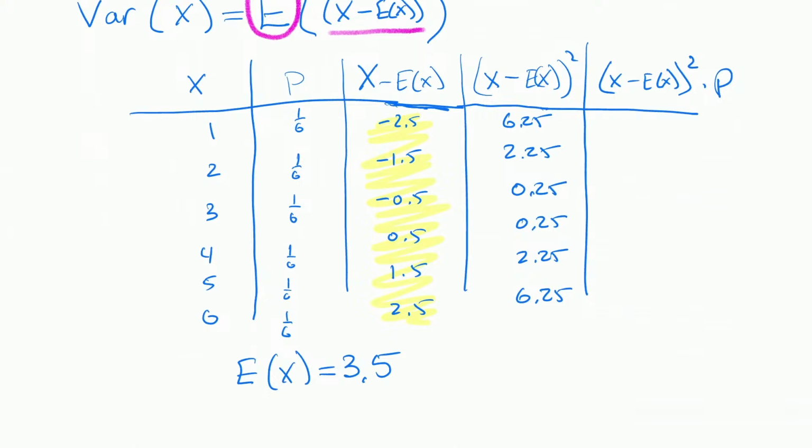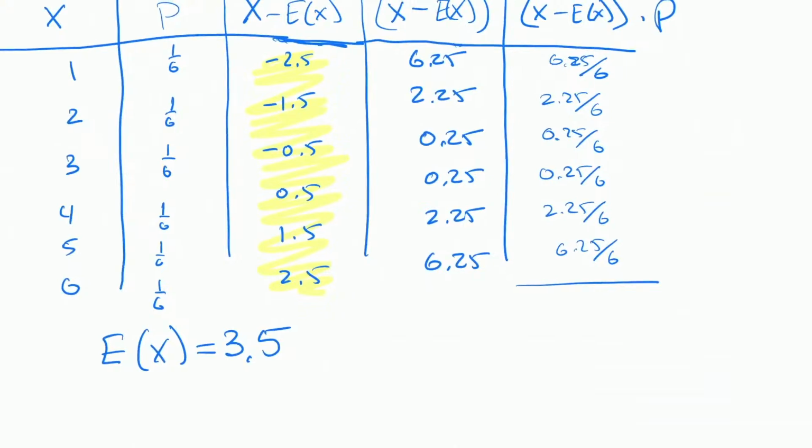So it's the same thing, but it's just not going to be quite as clean. Let's do it this way: 6.25 over 6, 2.25 over 6, 0.25 over 6, 0.25 over 6, 2.25 over 6, 6.25 over 6. This wasn't too bad. Now that I think of it, this really wasn't that bad.